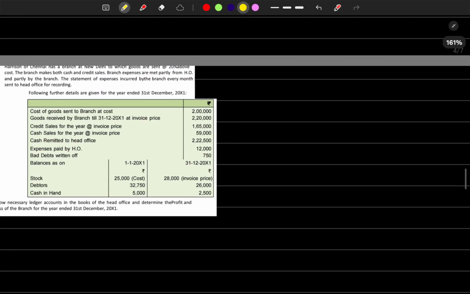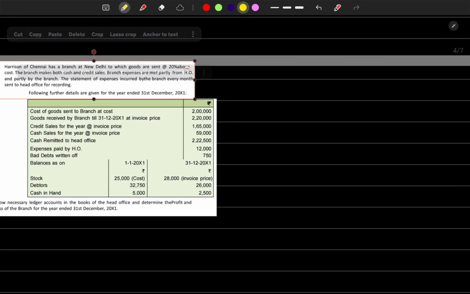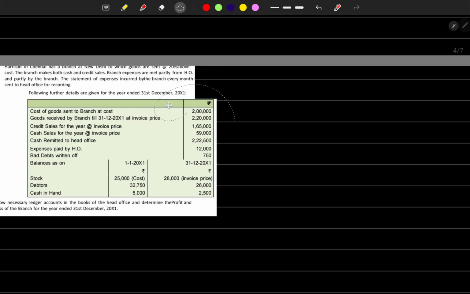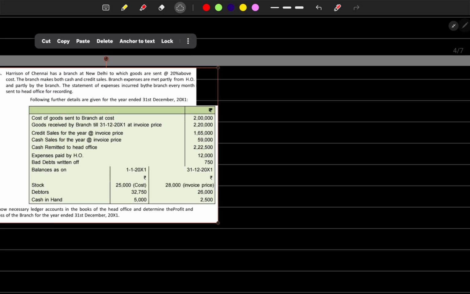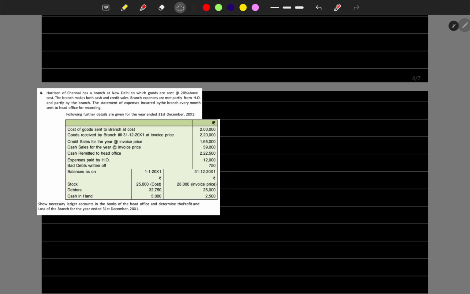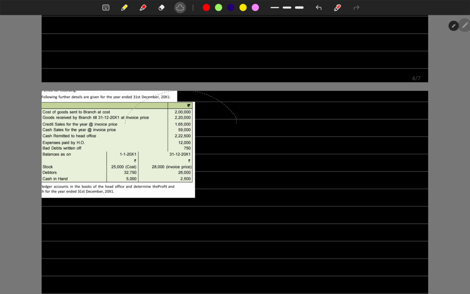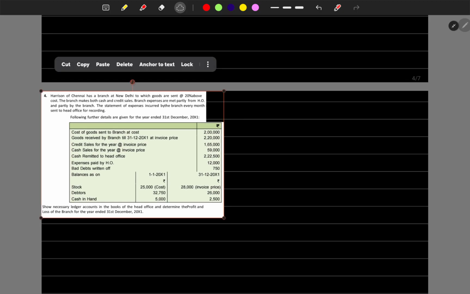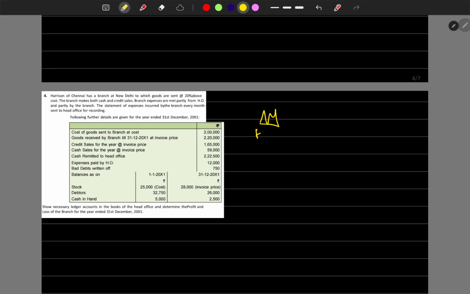Harrison of Chennai. Transfer goods to New Delhi branch.